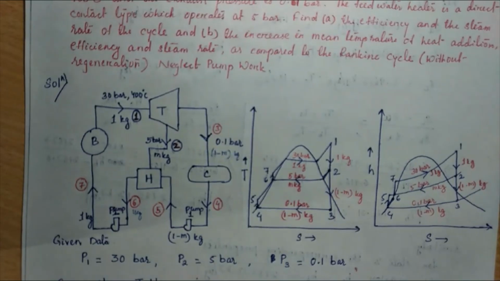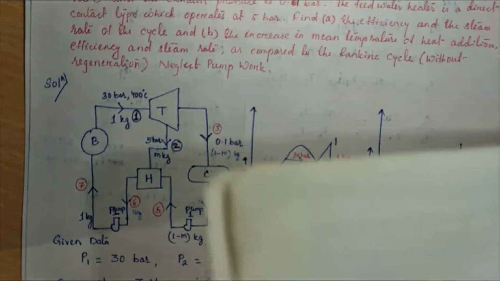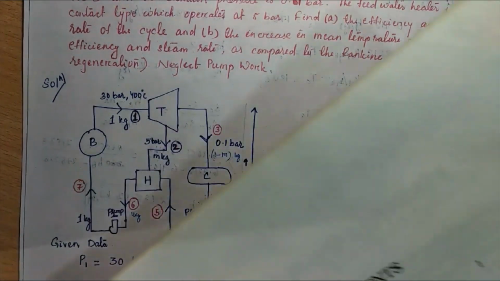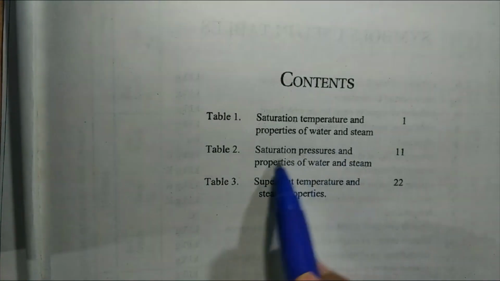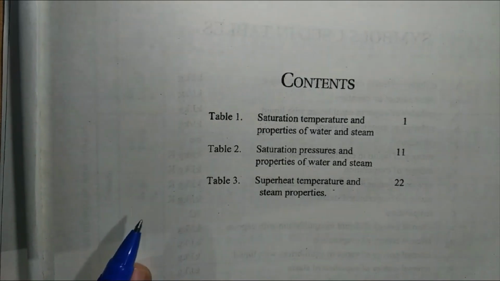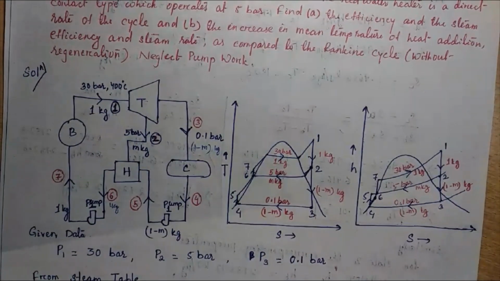See from the steam table. In the steam table we have 3 kinds of tables: the saturated pressure table, the saturation temperature table and the superheated table. Now first I consider state 1.